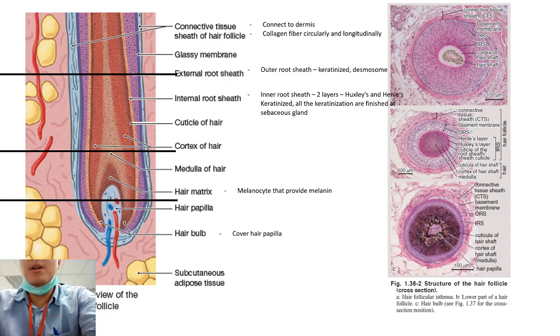Most of it is keratinized, and the keratinization is finished at the sebaceous gland. If you move a little further, you will find the cuticle of the hair, the cortex of the hair, and the hair matrix, which is the part that produces the melanin for the hair itself, and the hair bulb.